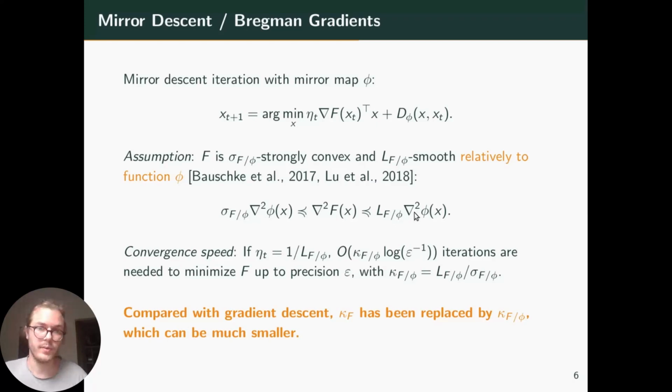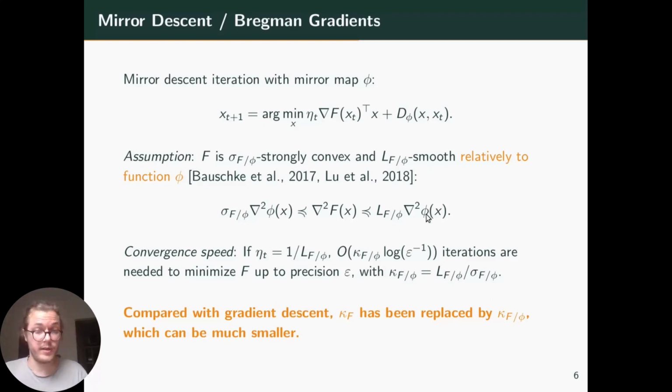So instead of having your Hessian lower bounded and upper bounded just by the identity, it's by another matrix, the Hessian of another function. And in this case, mirror descent converges in kappa f over phi log 1 over epsilon iterations to minimize capital F up to precision epsilon, where kappa is this relative condition number, so relative smoothness divided by relative strong convexity.